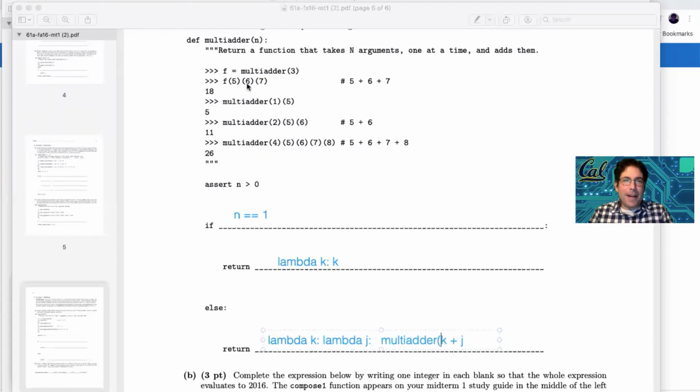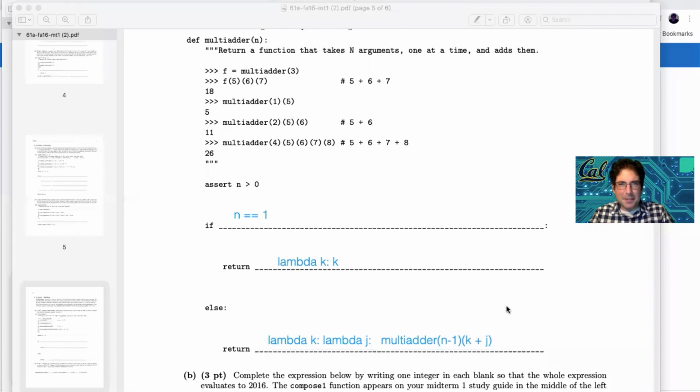Instead of taking 5 and 6 and 7, now we want to take 11 and 7. So the first thing that you pass to multiadder is not the number that you want to add together. It is the number of arguments that the result will eventually take. And here, since we're moving from 5, 6, 7 to 11, 7, I guess we need to take fewer arguments.